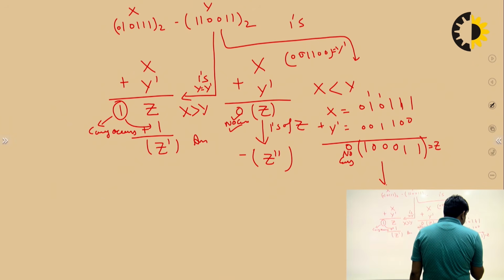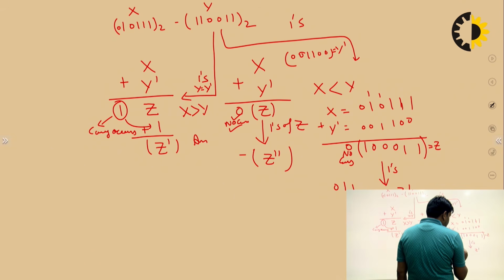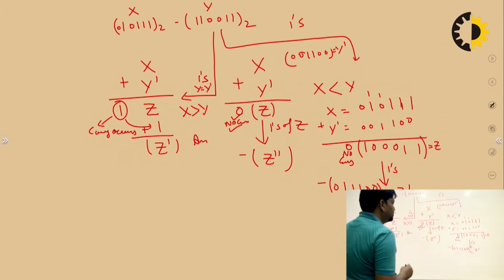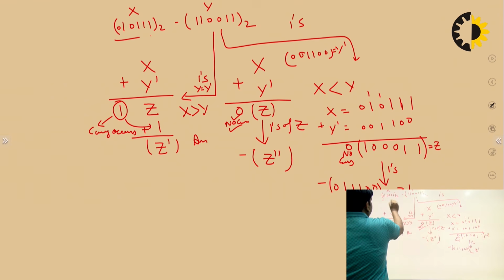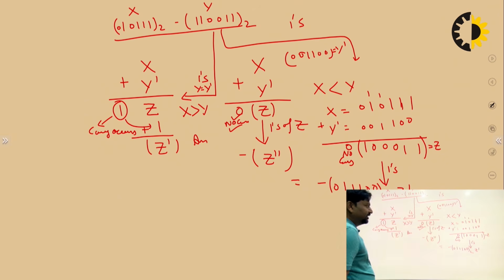You just give the 1s complement of that particular number, which is z dash. So the 1s complement of this number is 1, 0, 0, 1, 1, 1, 0, 0, and a negative sign we put here. So this is the answer. By using the 1s complement method, we easily calculate the value of this.